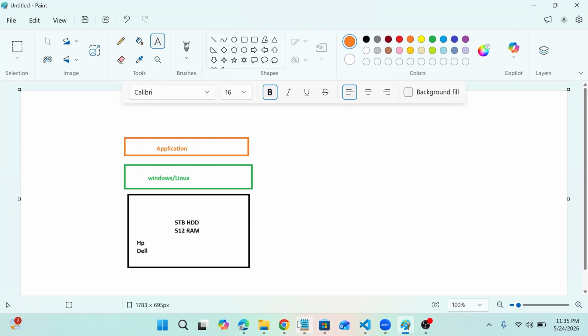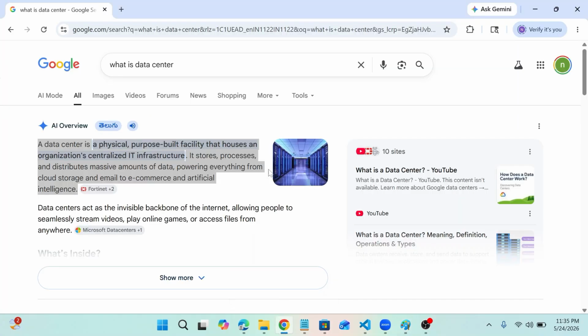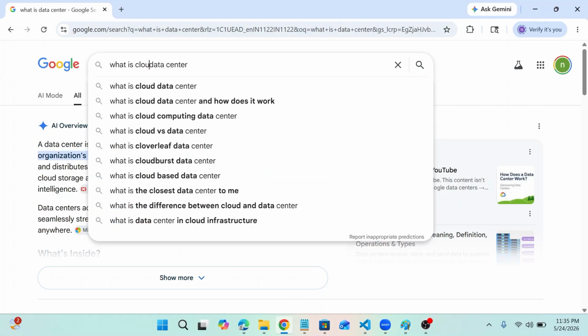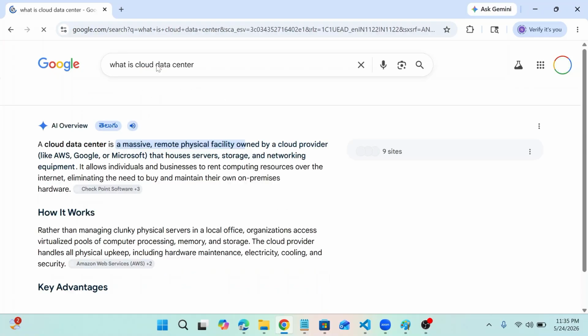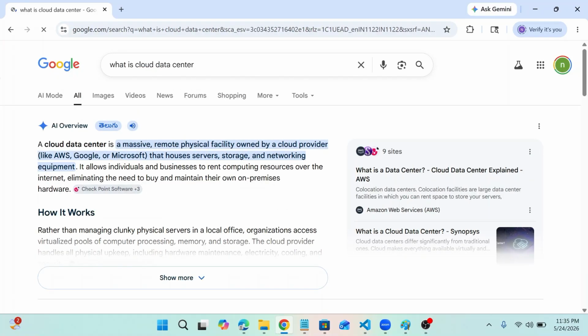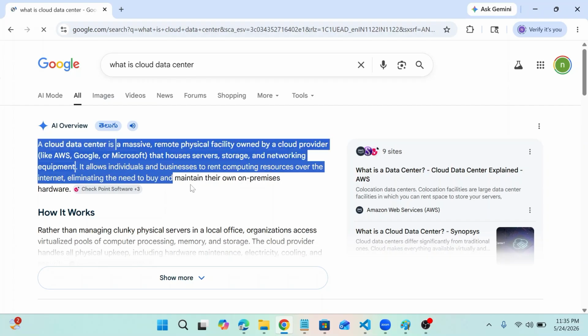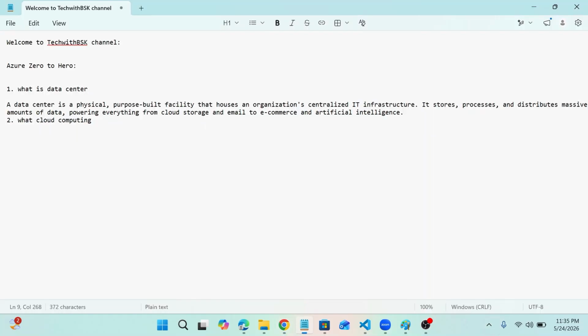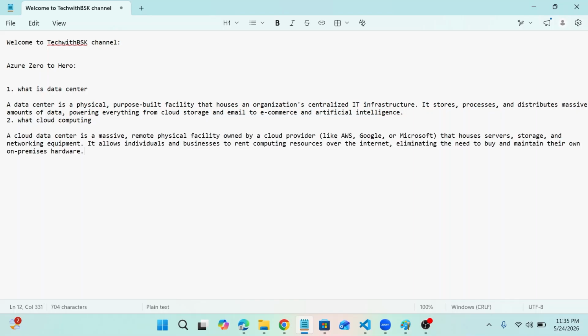Now, the difference between the data center and the cloud. For example, this is an on-prem data center, and this is a cloud data center. A cloud data center is a massive remote physical facility owned by a cloud provider like AWS, Google, or Microsoft that houses servers, storage, and networking equipment.